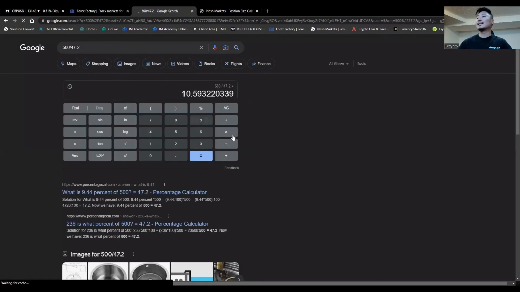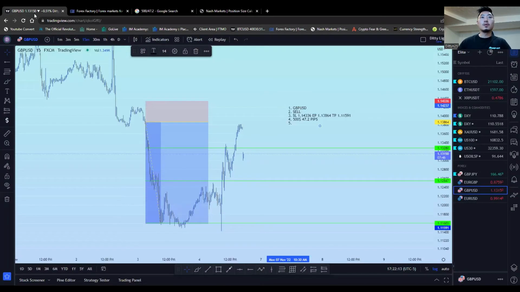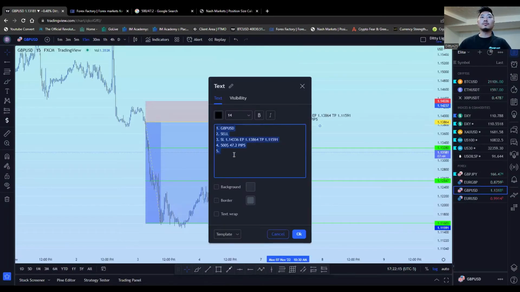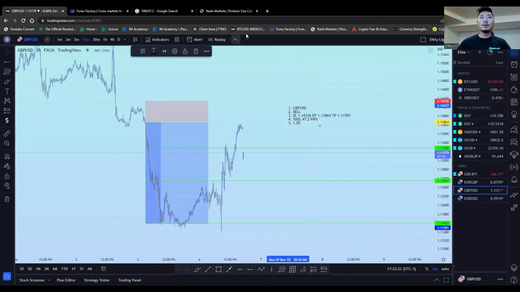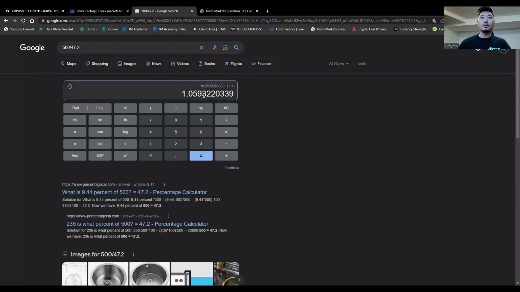This will give me the amount of dollars that I'm risking per pip, divided by 10, boom. There we go, 1.05. So the lot size that I will take in this specific setup will be 1.05, right?